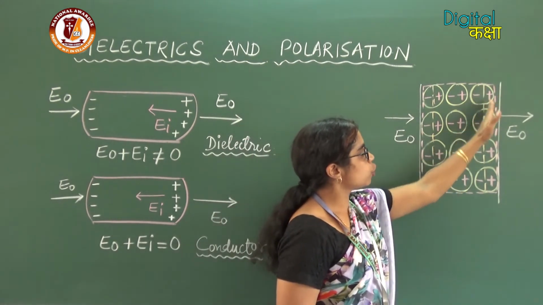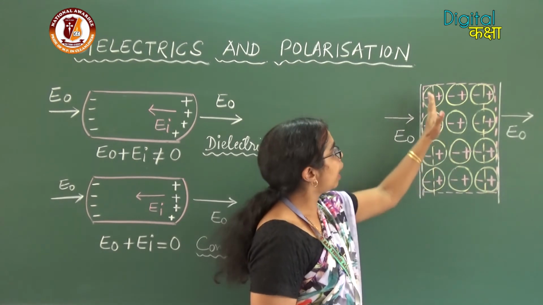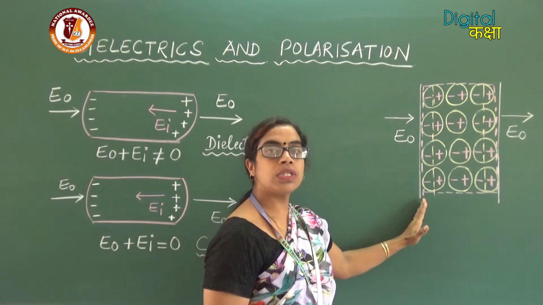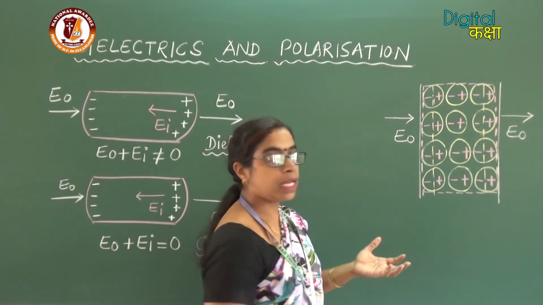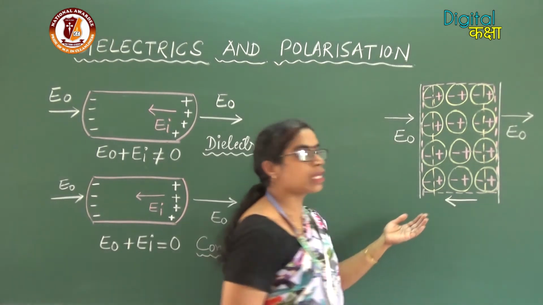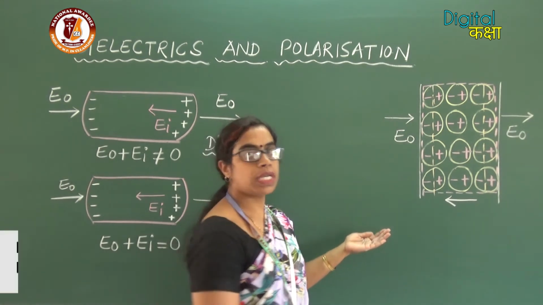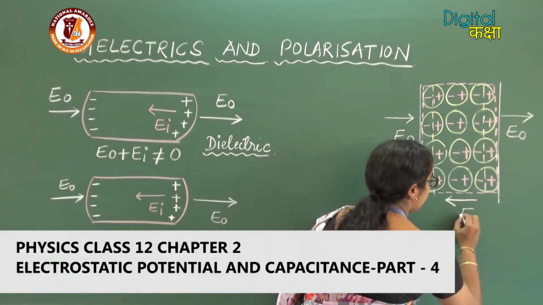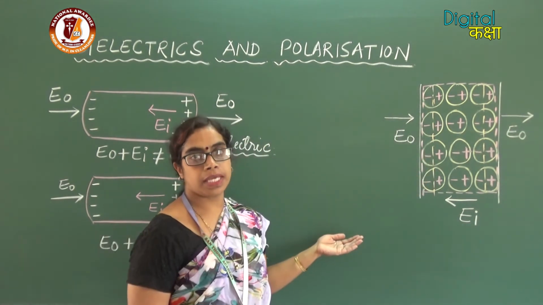So, the accumulation of positive charges on the right side of the dielectric and negative charges on the left side results in the development of an electric field inside the dielectric, which is called the induced electric field and can also be represented as EI.